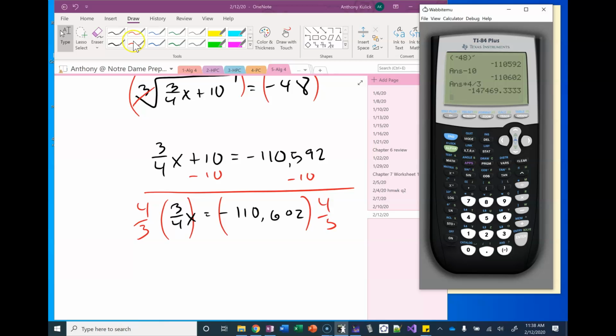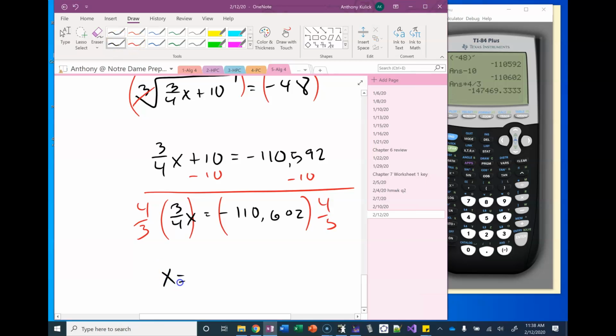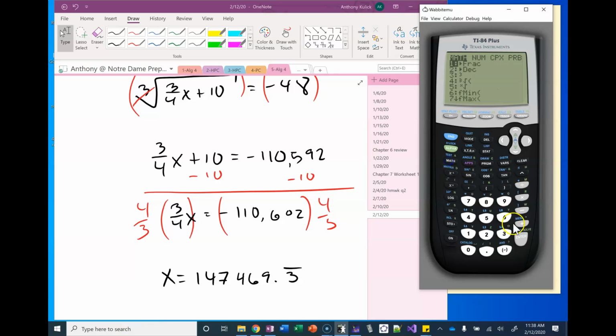So I get x equals negative 147,469.3 repeating. Or if you wanted to, you could have represented that decimal as a fraction. Nope, I guess not. It didn't want to give me a fraction out of it. What a booger.